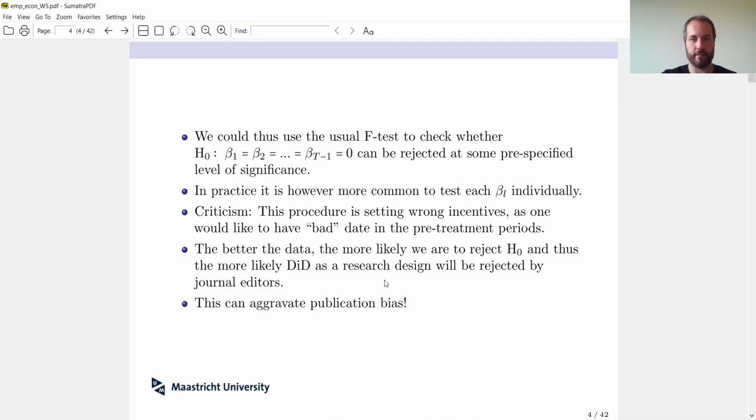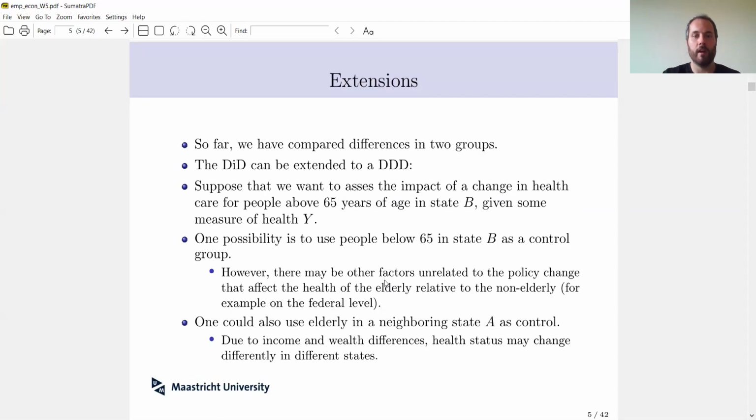Okay, so that's the typical tests that people do. Then there are various extensions of the different diff idea. For instance, right now we had differences between two groups, but we can extend that to a triple difference.